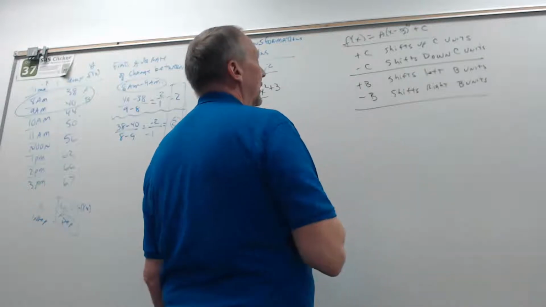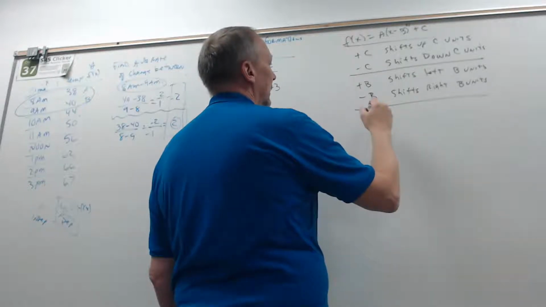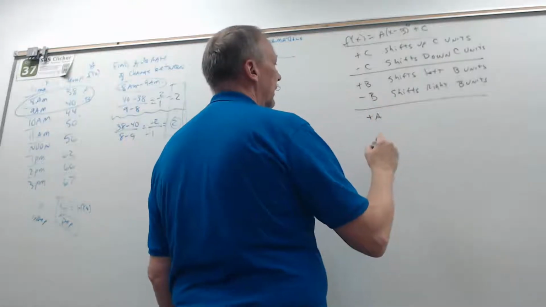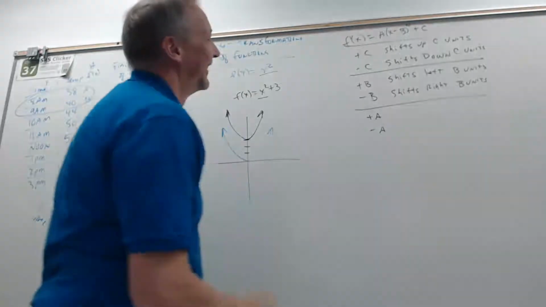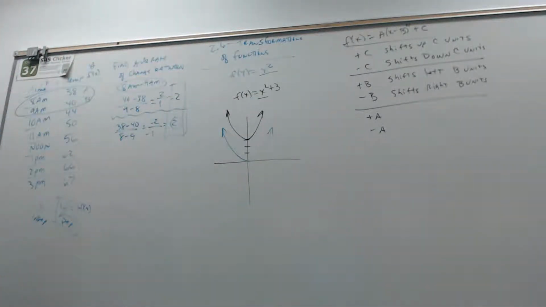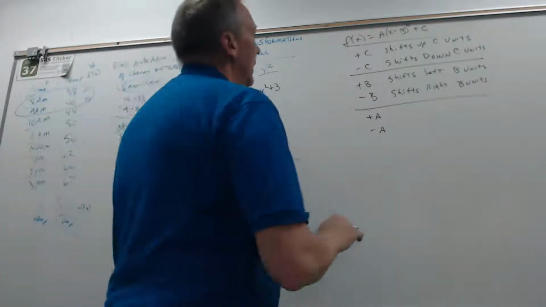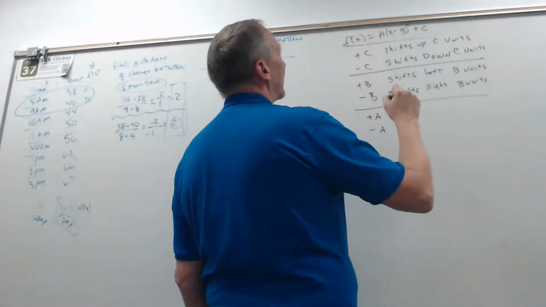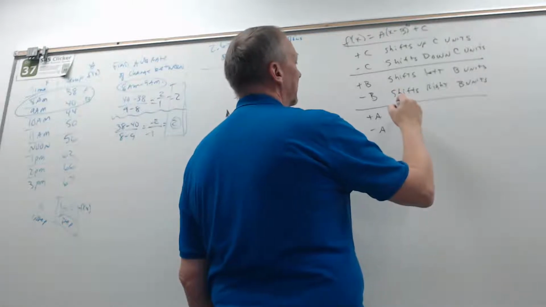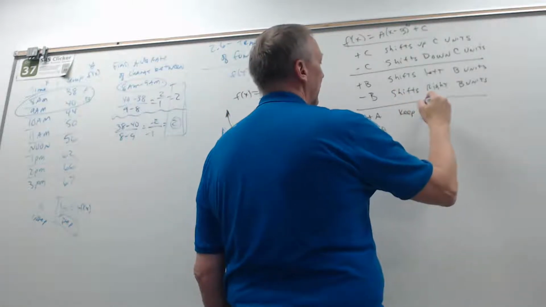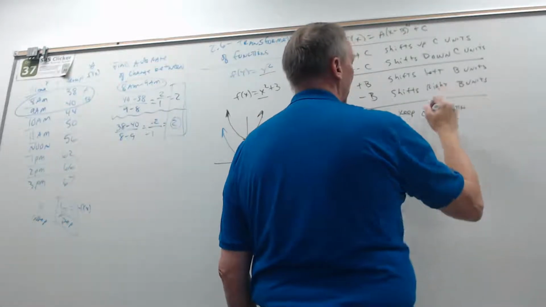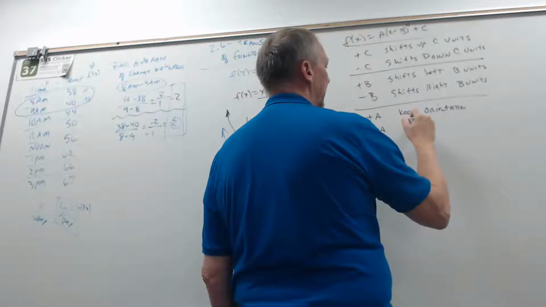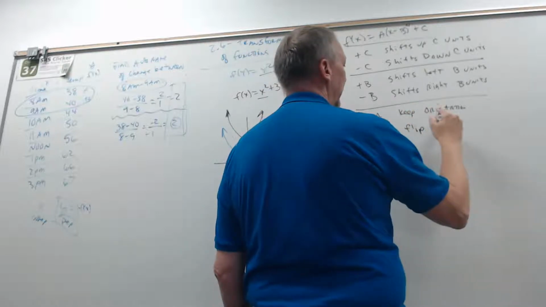Then we get to the a. Actually there's two things to worry about with the a. Let's assume that a is a whole number for now. The plus a is going to keep your orientation, and your minus a is going to flip the orientation.